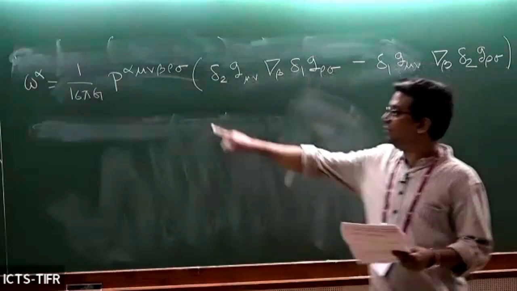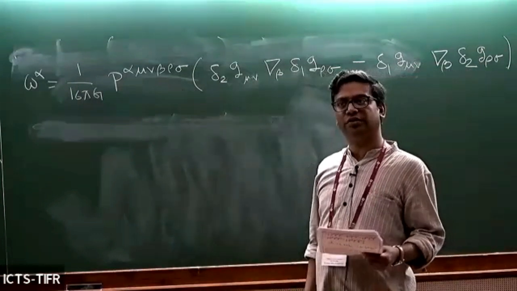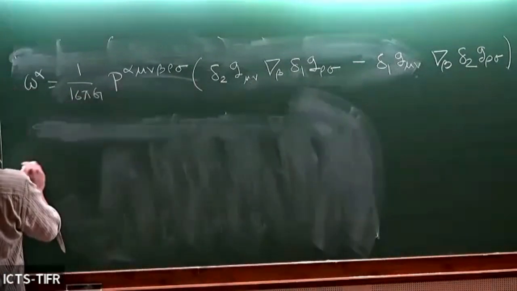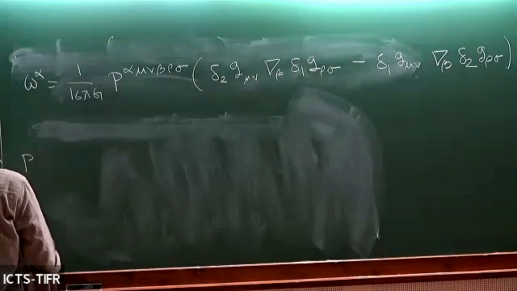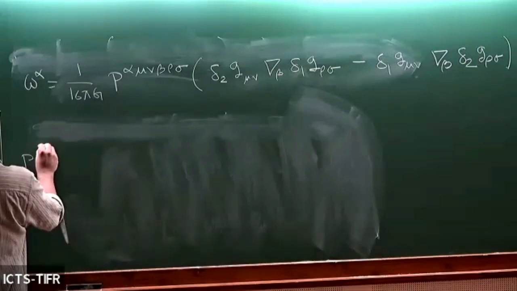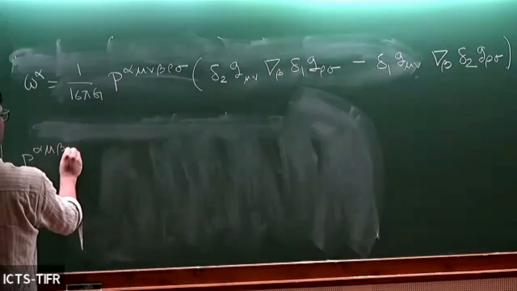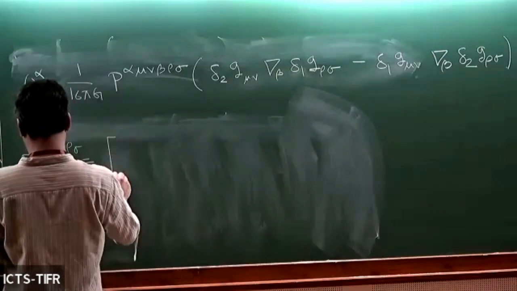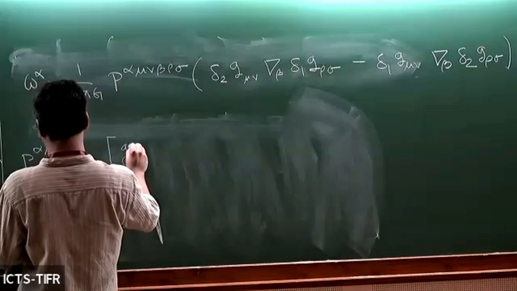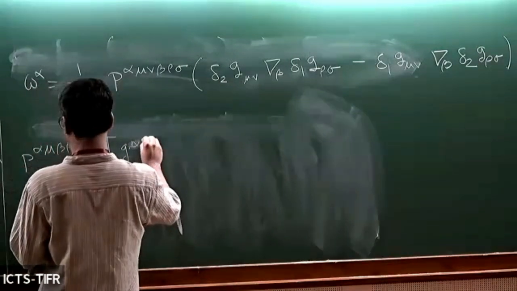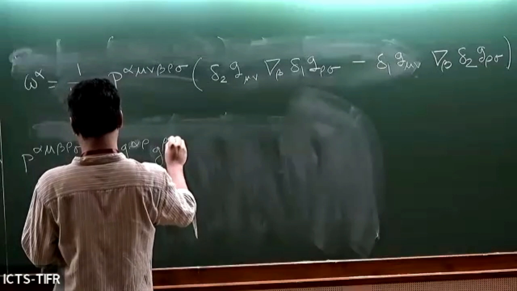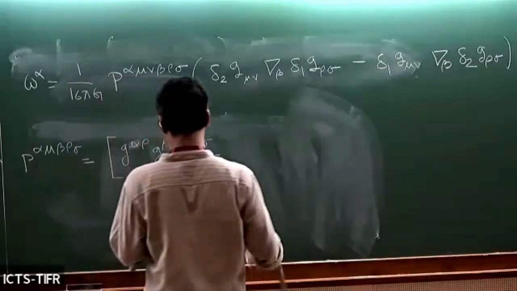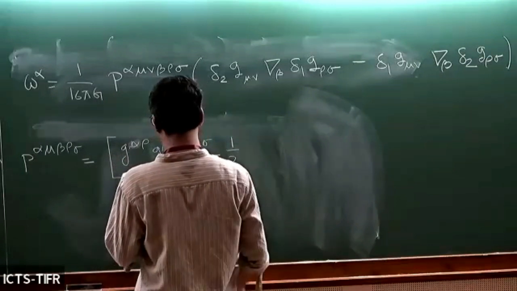And what about this object? Okay, this object is a huge object. Let me try to write this. G alpha mu beta rho sigma is equal to, okay, G alpha rho G beta nu G mu sigma minus... So some terms have half and some terms don't have half.